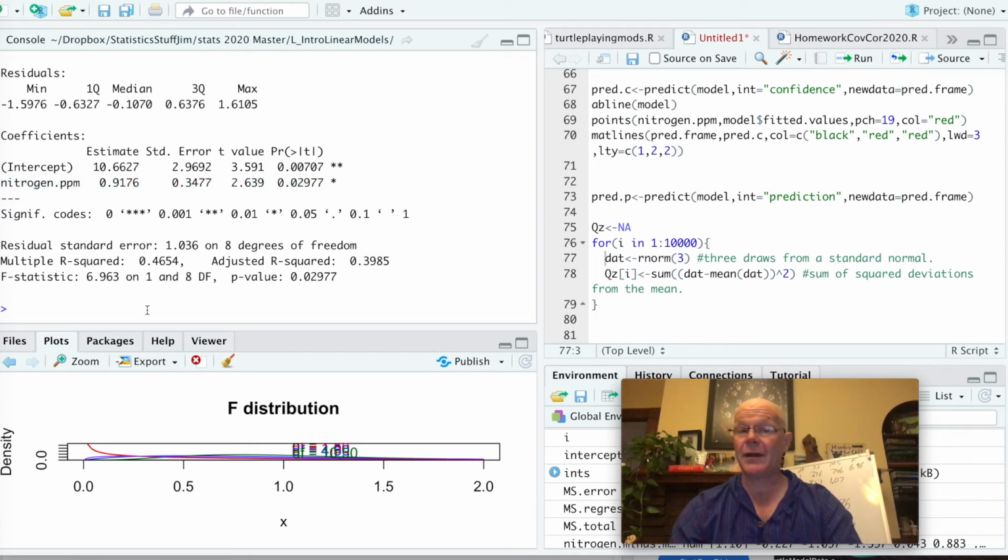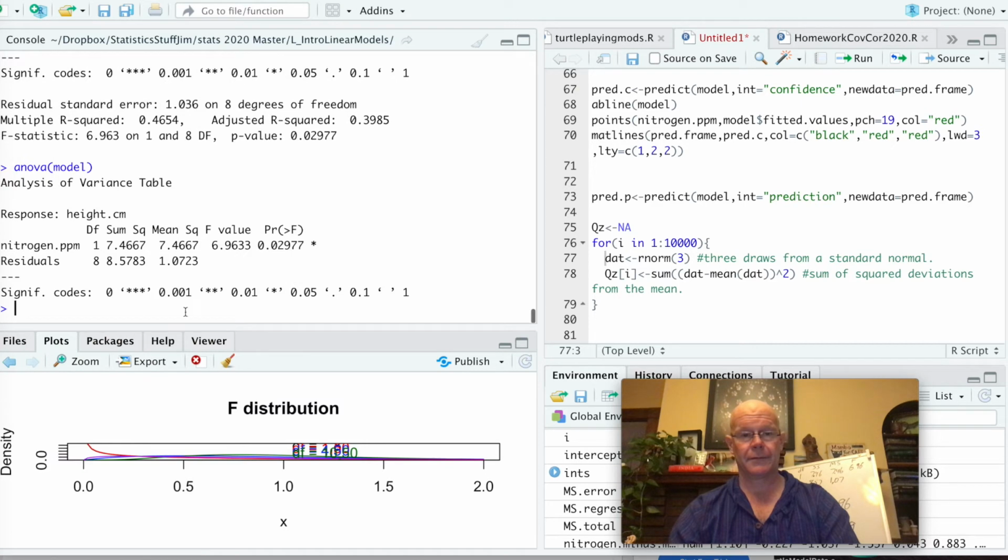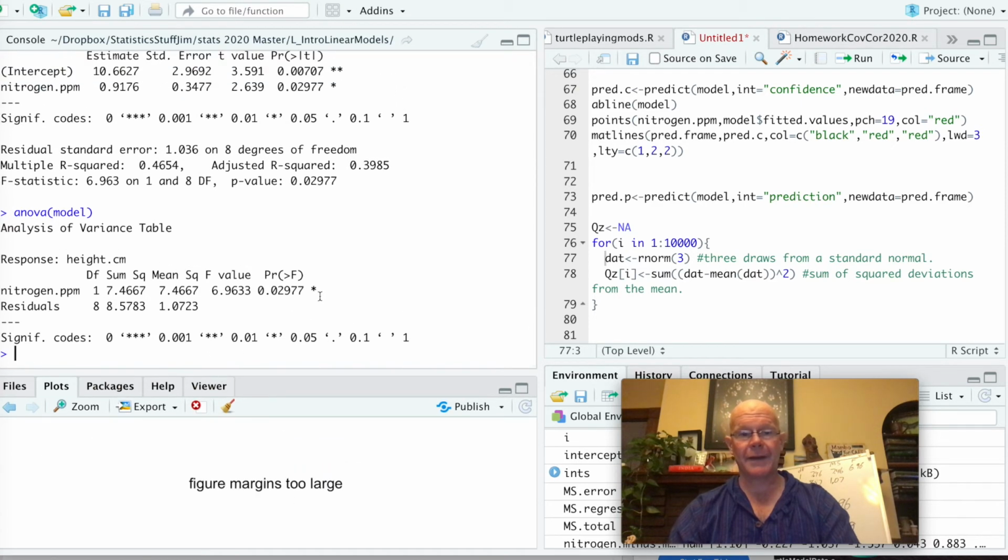Now if I do an ANOVA on our data, anova is the function I can use, on the model, notice that we get the exact same p-value as we got with the t-statistic.